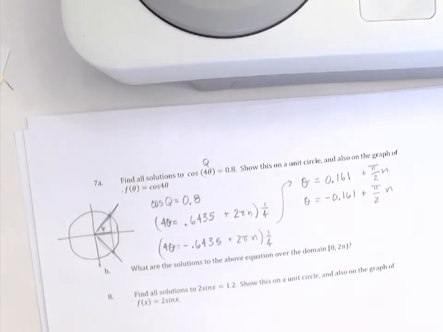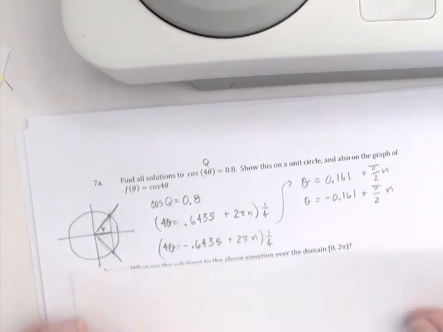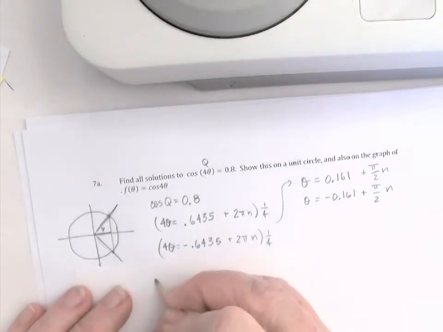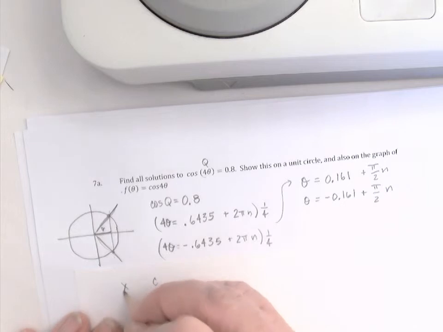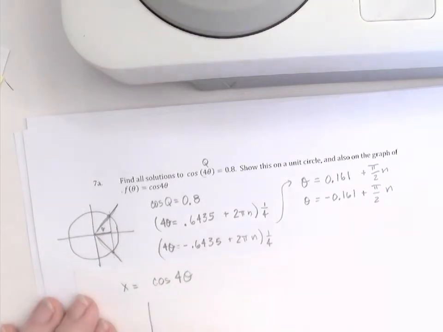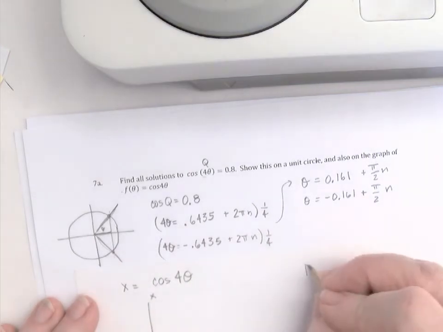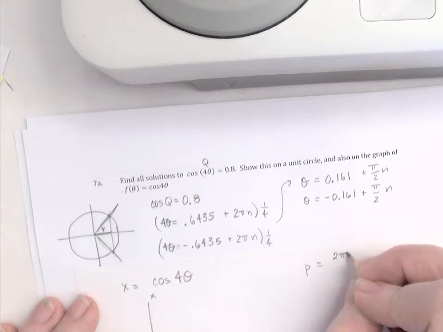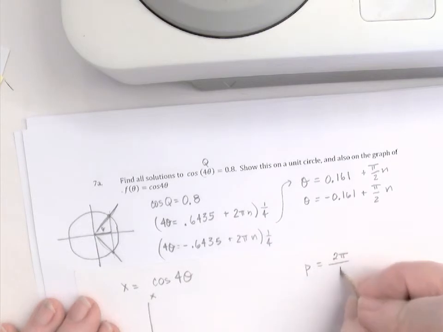And now let's look at what this looks like if we start graphing this. I'm going to take another little sheet of paper here because I don't have room. So let's look at the graph. If I'm going to graph x equals cosine 4 theta, so x versus theta, what I know about the period is that it's going to be 2 pi over 4, so my period is just pi over 2.